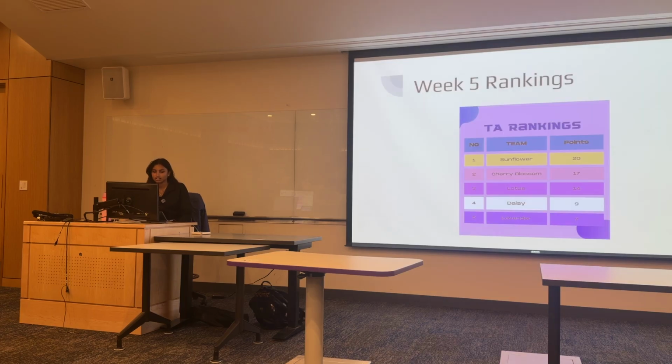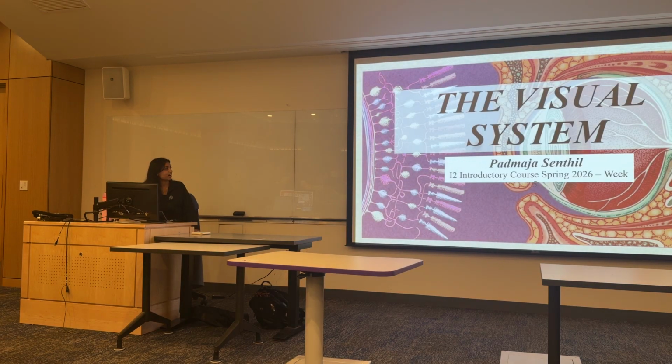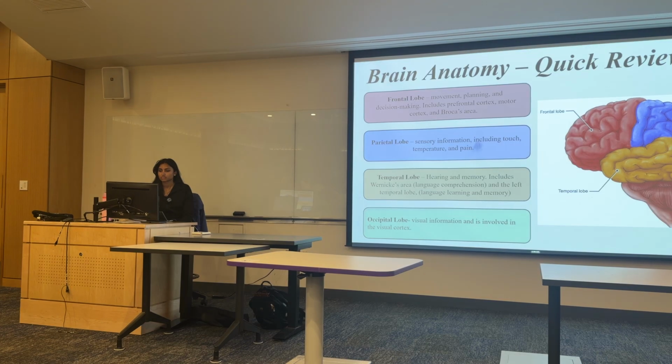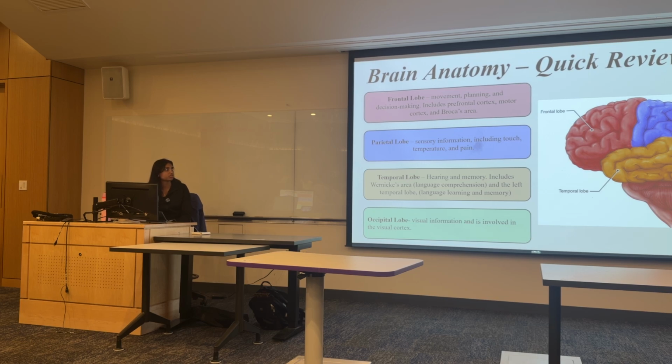Let's get started then. Week 5, today we're going to be talking about the visual system. I'm sure you probably had a neuro lecture before this, but just a quick overview of the lobes of the brain. The frontal lobe is responsible for movement, planning, and decision making.